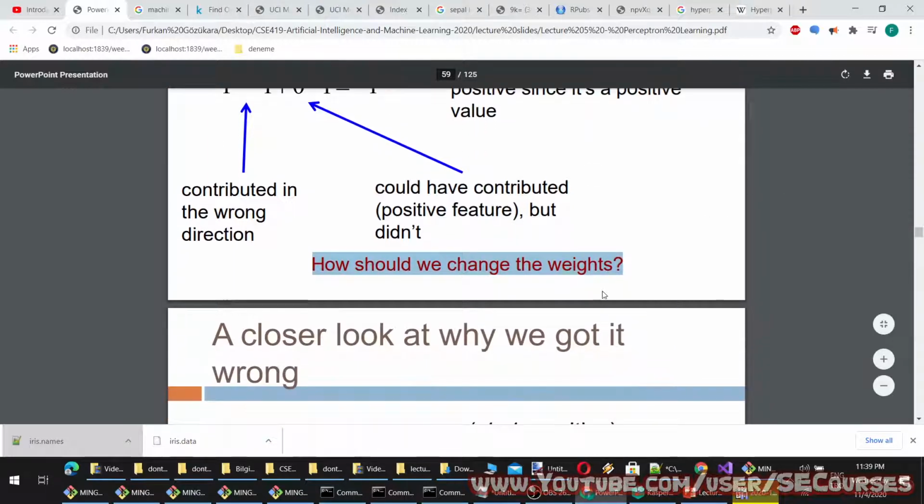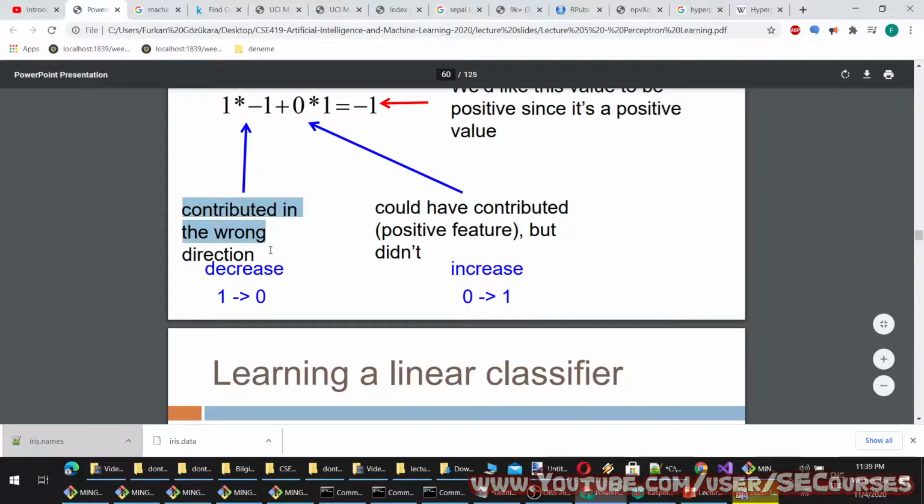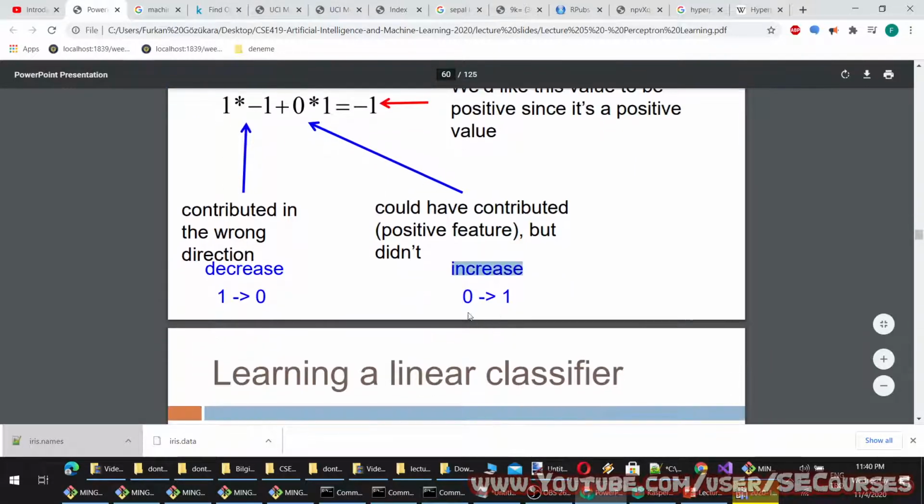How should we change the weights? We change the weights according to their contribution. Since this one contributed wrongly, we decrease its value, we decrease its contribution. Since this could have contributed positively, we increase it. So this is how we update the weights.